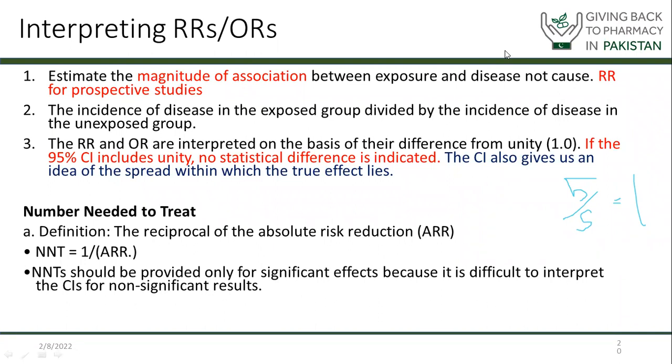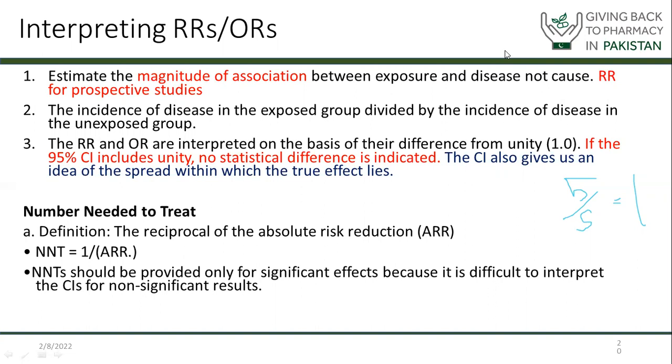For example, if the confidence interval is from 0.5 to 2.5, then the confidence interval contains 1 in between them. Then this is a non-significant result.